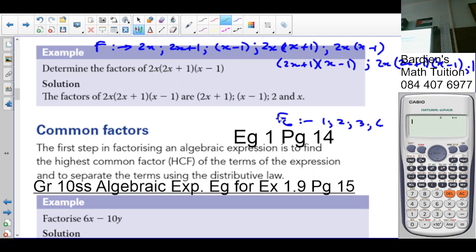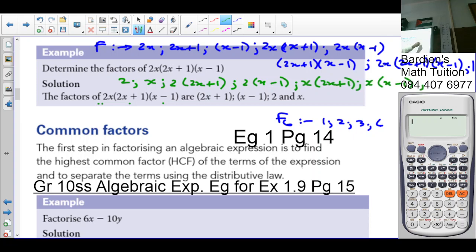More factors would have been, it could have been the 2 only, could have been the x only, and now it goes into more, which is 2 into 2x plus 1, and then 2 into x minus 1. Not so? Then it could be x into 2x plus 1. Then it can be x into x minus 1.